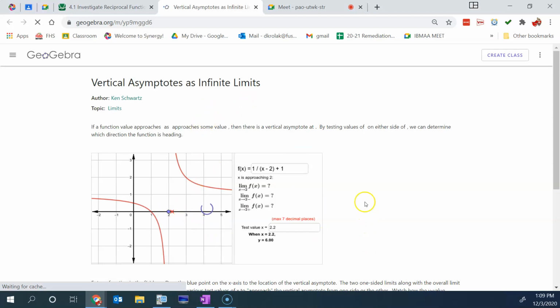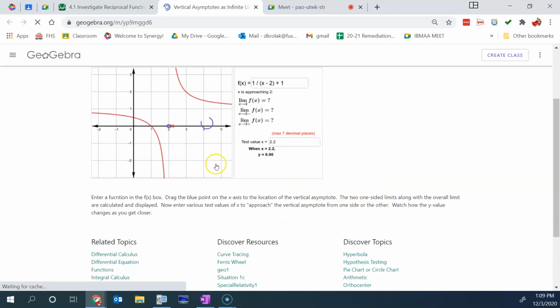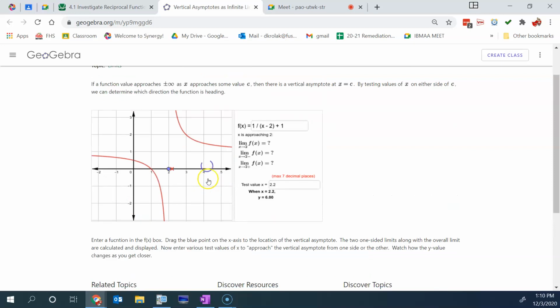So if you click on that, and we'll make it bigger. This little applet here, this little animation, is a way of showing limits. Okay, and when you have a limit, you're going to have a vertical asymptote, if it ever loads.